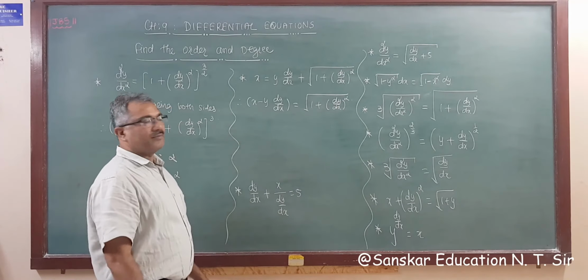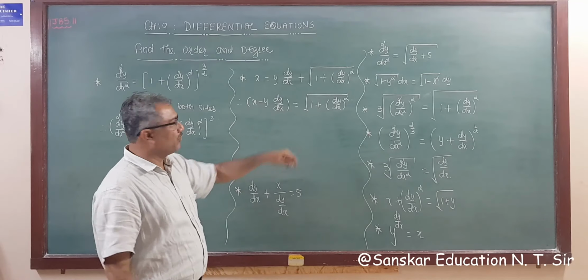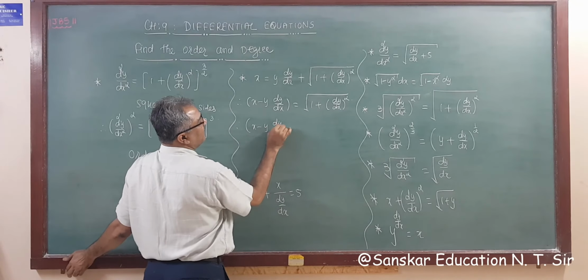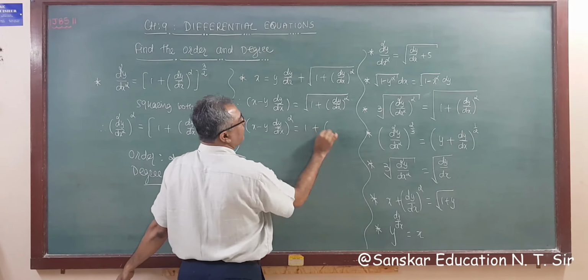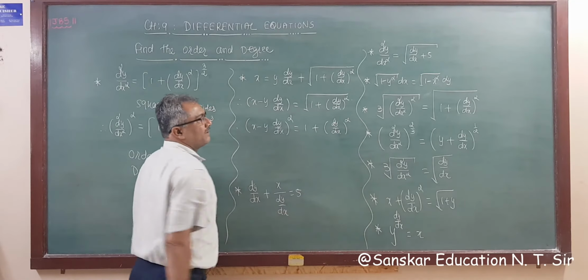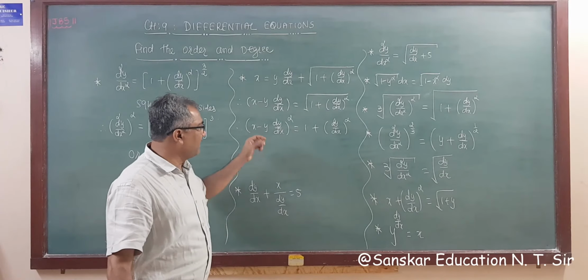Now if we want to remove this, we have to again square both sides. So if we square both sides, what we get? X minus y dy by dx whole square is equal to 1 plus dy by dx whole square. Right? Square root will be removed.